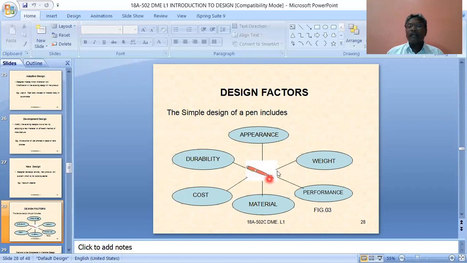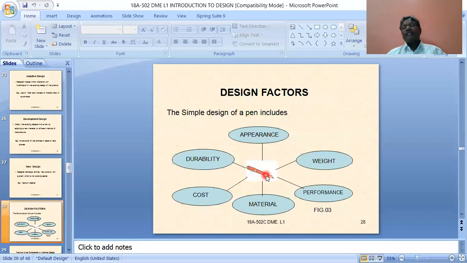That is one factor, and its weight, its performance, and its material. The materials may be of different types, and also its cost. Any person needs a good pen at low cost, and its durability. Any customer requires more durability, more life and reliability also. These are some factors in the design of a pen.